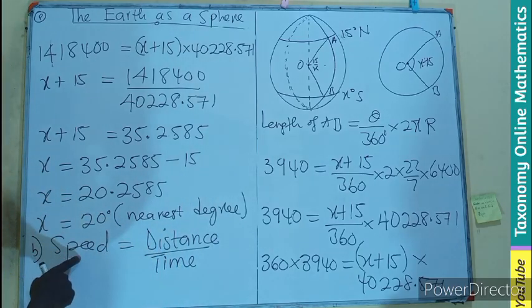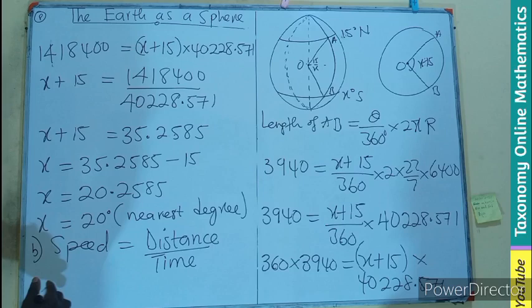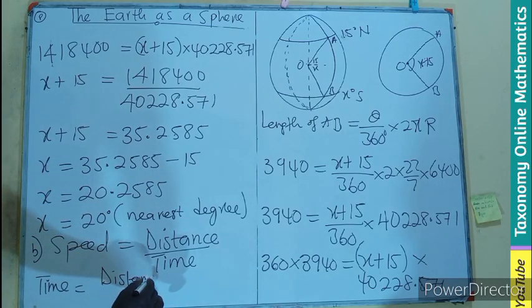Since we know the speed and the distance and we are looking for time, we can swap the positions to have time equals distance divided by speed.